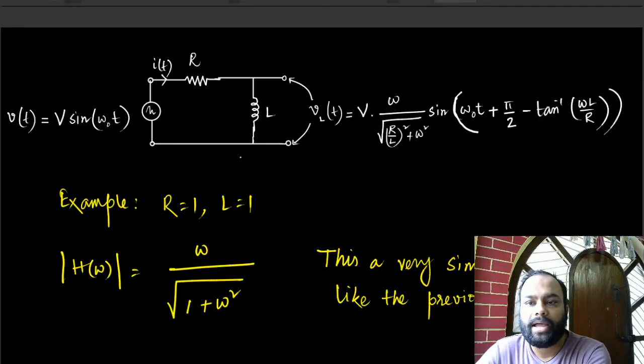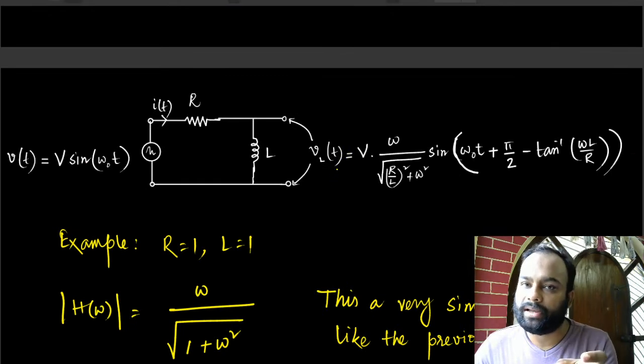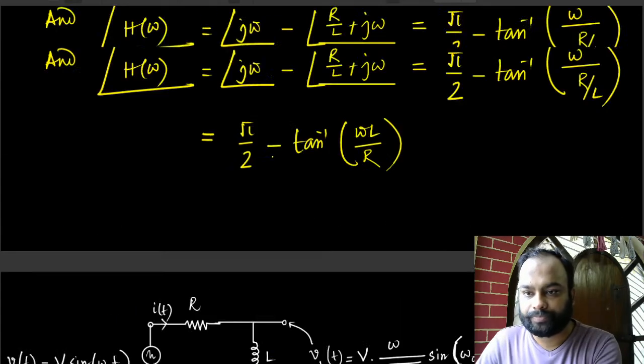So I can have a series RL circuit and measure the voltage across the inductor. That gives me a high pass filter. In this scenario, all the low frequencies will bundle up across the resistor, and the high frequencies will bundle up across the inductor. So if I measure the voltage across this, it behaves like a high pass filter.